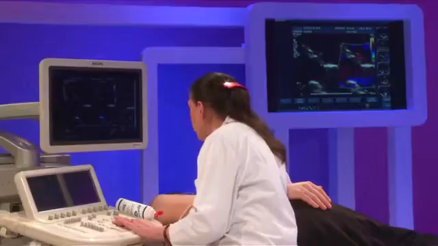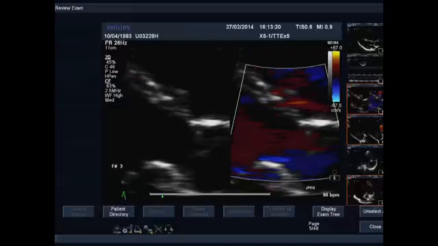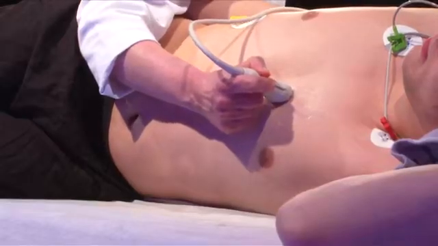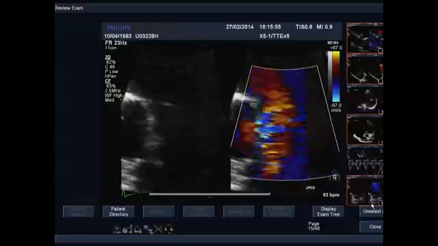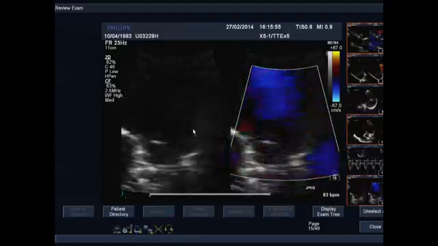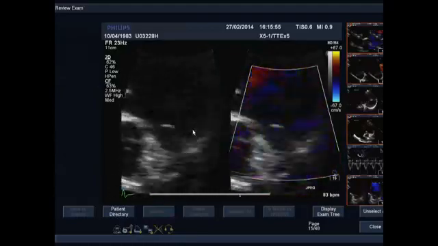The second view that I need is to turn my probe to be in short axis view, and I will move to the level of the pulmonary valve, and here I'm still able to make some measurement of the right ventricular outflow tract.